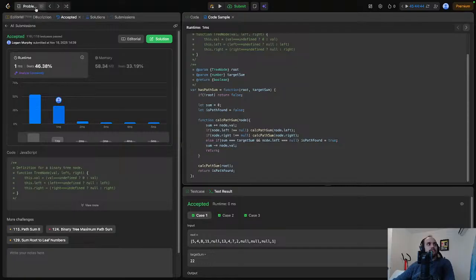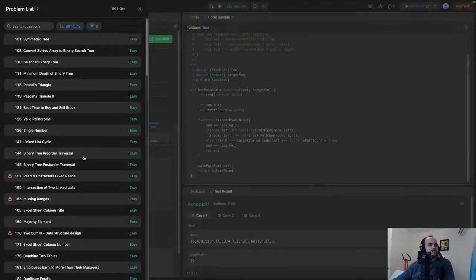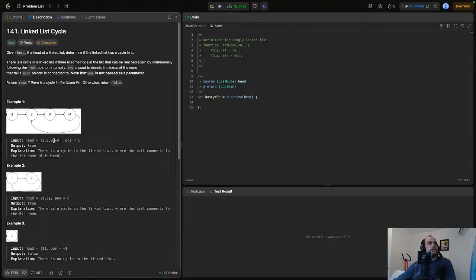Move on to another problem. Let's do linked list cycles. Given the head of a linked list, determine if the linked list has a cycle in it.